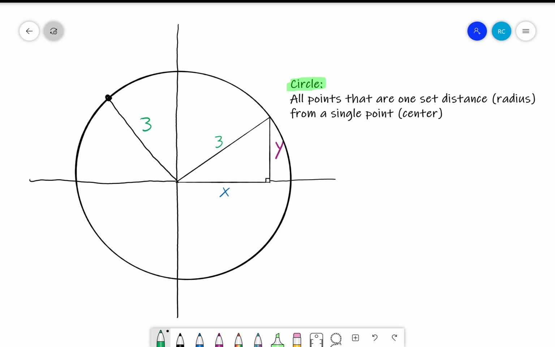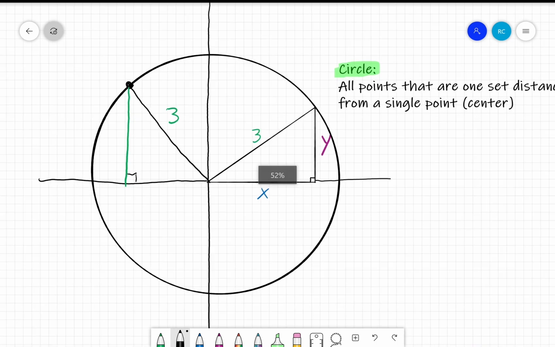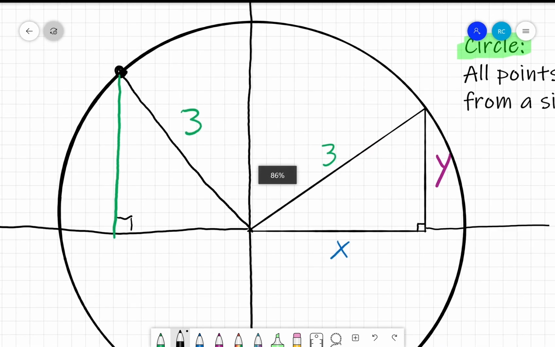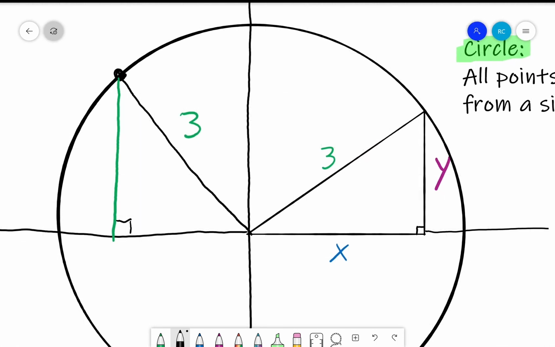Okay? And just like with the other one, we can take that other point on the circle and we can make a right triangle out of it with its own x and y.